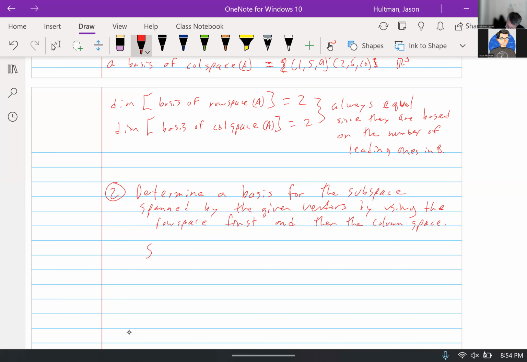So S is the subspace spanned by these vectors. The spanning set is 1, 2, 3, 4, 5, 6, and 7, 8, 9. For the row space, the vectors are rows.